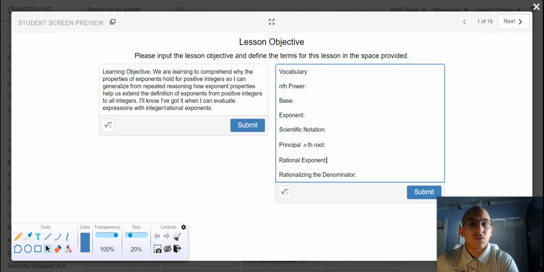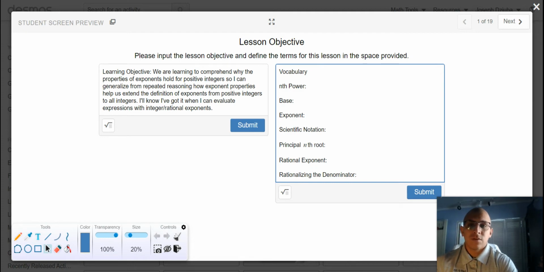I strongly encourage you, as you define these vocab words, to critically read what they mean and try to embed them in your long-term memory. It will simply serve you better as we make our way through this course.